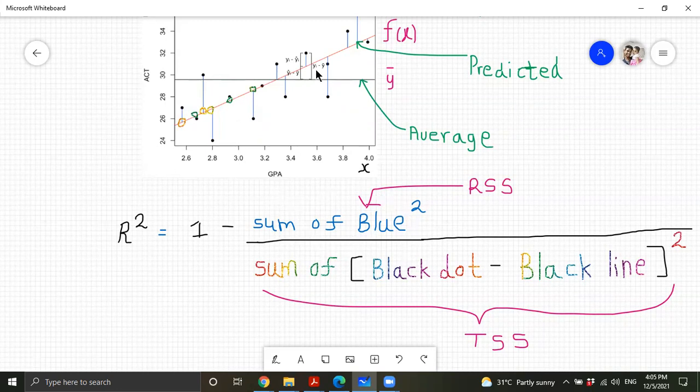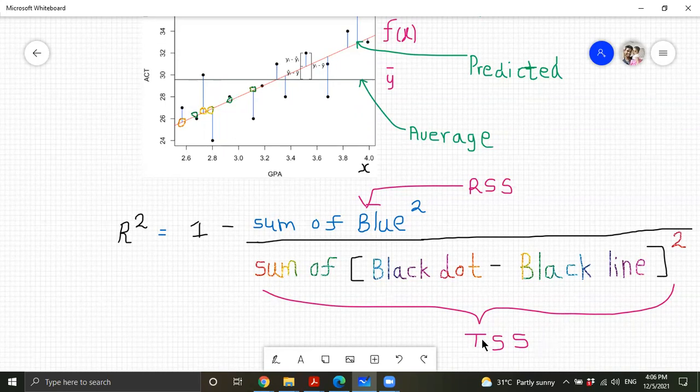So the residual sum of squares, or RSS, is the sum of the squared blue lines.